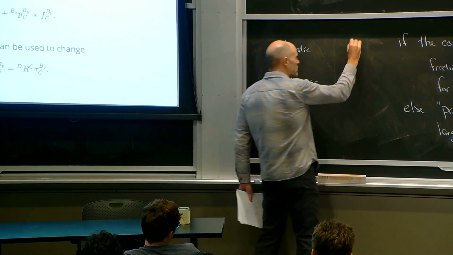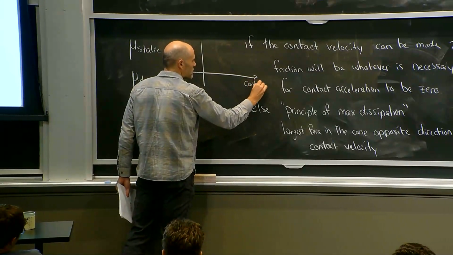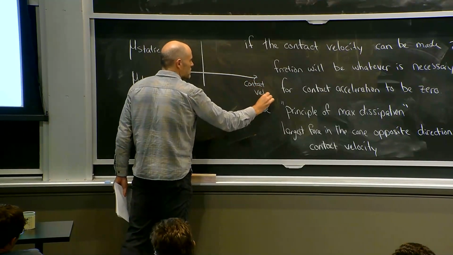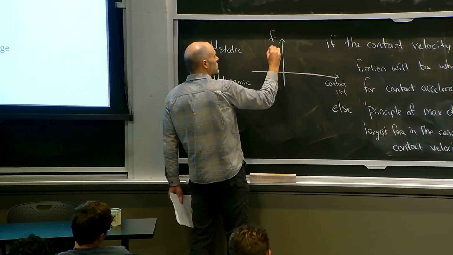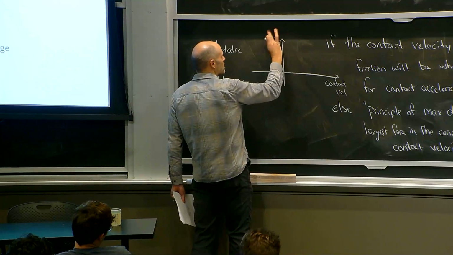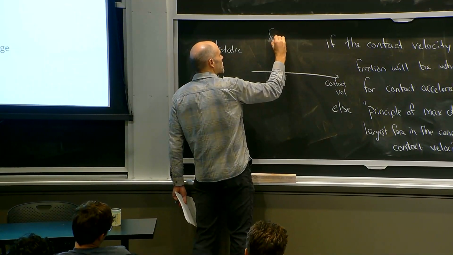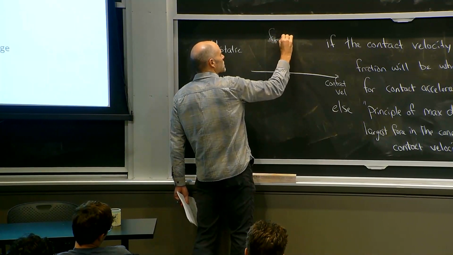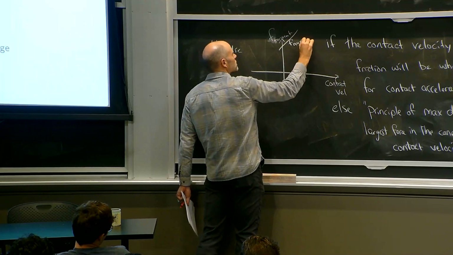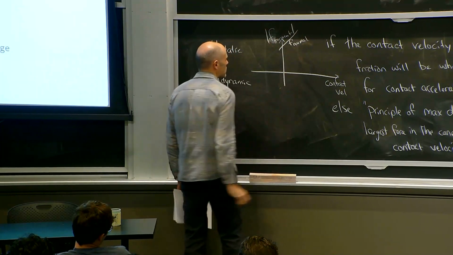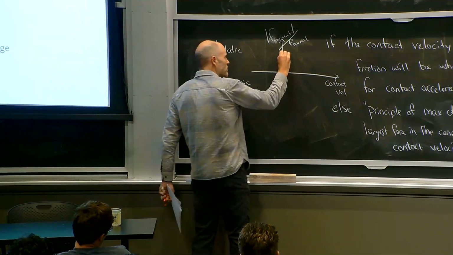So if you make a plot of contact velocity and the friction force F tangent normalized by F normal, something like this, then you'll see plots that look like this.